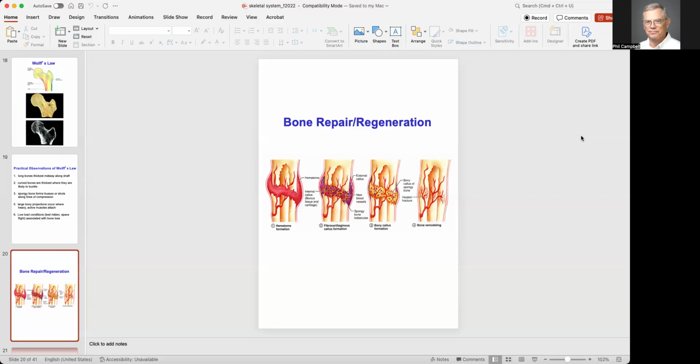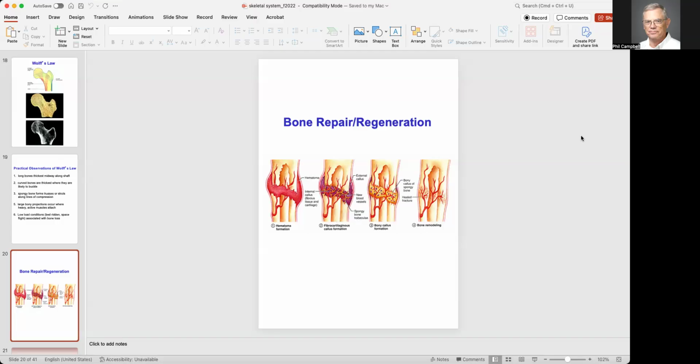All right? That's regeneration, not repair. The closest tissue to liver in your body that has this capacity is bone. Bone has the capacity, under the right circumstances, to regenerate. That means a full return of both form and function.